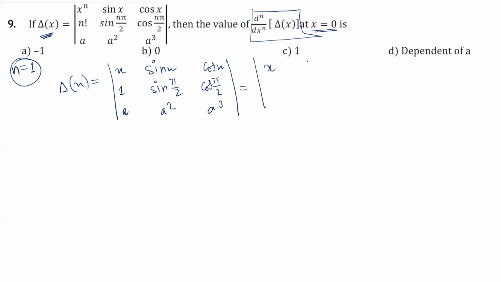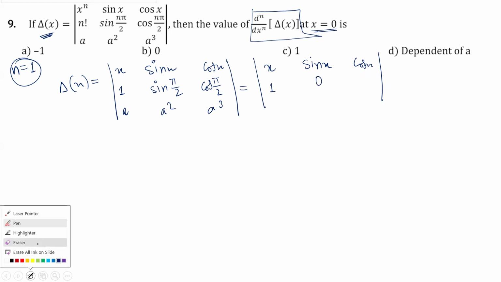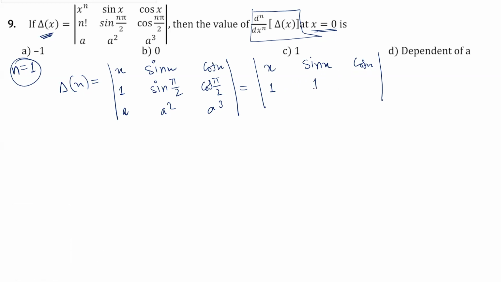This is x, sin x, cos x. Sin pi by 2 is 1, not 0. This is 1, this is 0, and this is a square, a power 3. So this is your delta x if n equals 1. Now we need to find just d delta x by dx, the differentiation of delta x by dx.